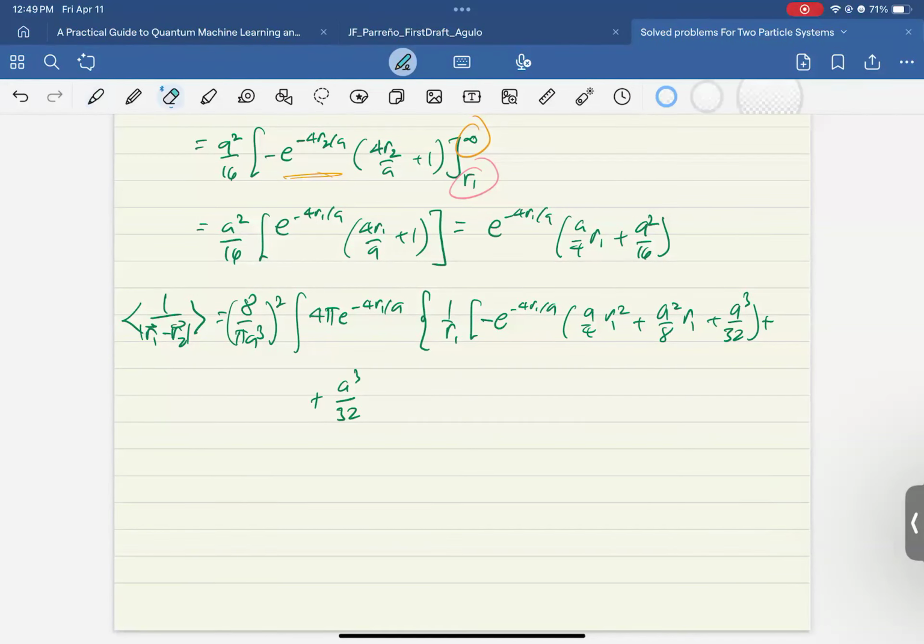Ako na lang plus a plus exponential minus 4 R1 over a over 4 R1 plus a squared over 16. Curly brackets. And then yung integral na d3r1.